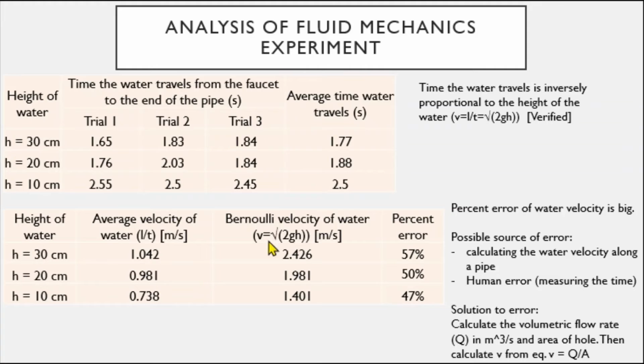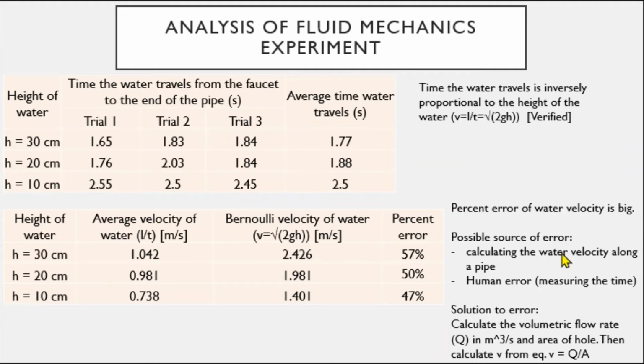And after I calculate both of them, then I got a percent error that is quite big, 57% for the height of 30 centimeter, and then 50% for the height of 20 centimeter, and 47% for the height of 10 centimeter. So the conclusion is the percent error of water velocity is big.